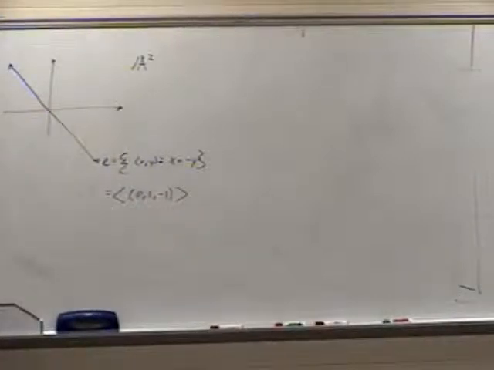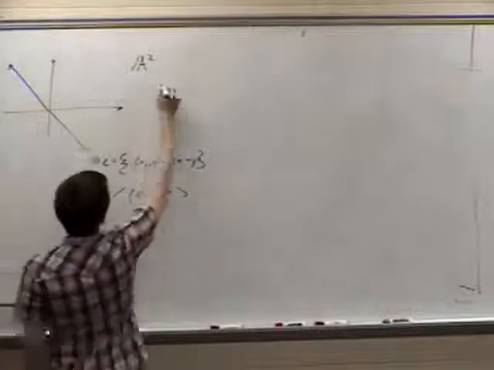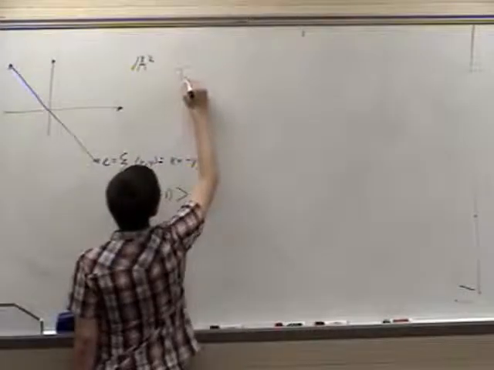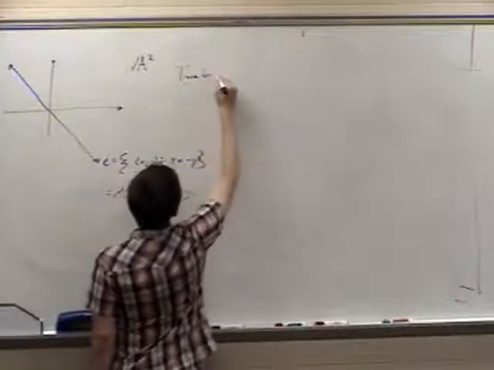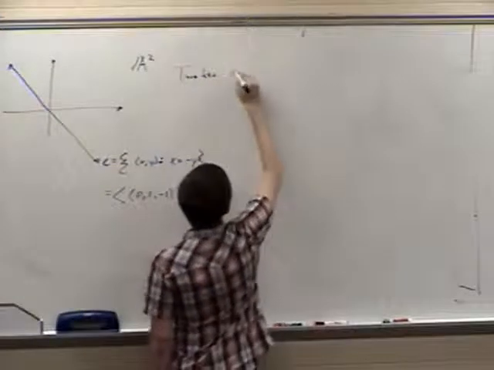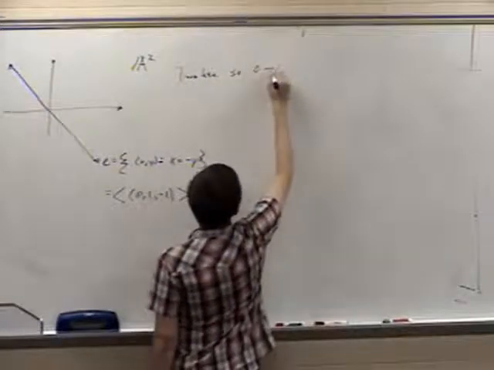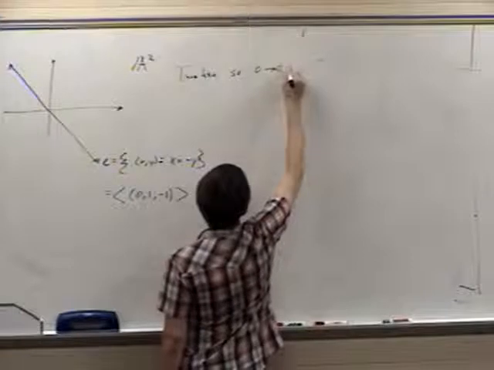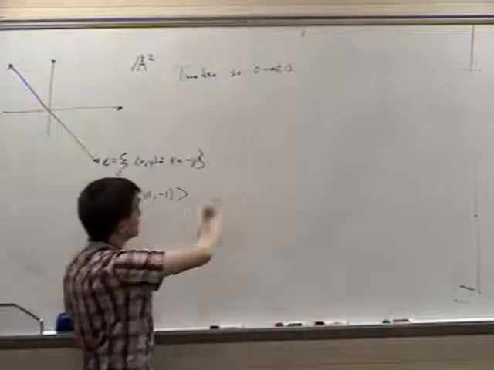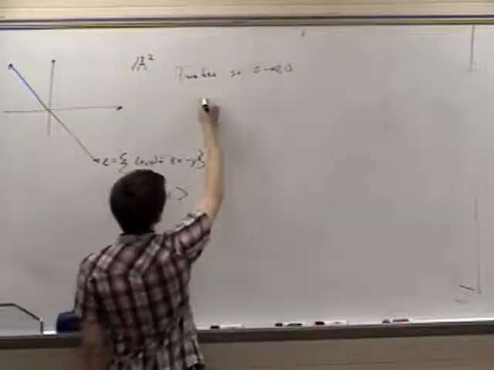Now, suppose we want to translate it so that the origin moves to the point 1, 1. So let's say we want to do a translate. The origin goes to 1, 1. So what would the matrix for this look like?